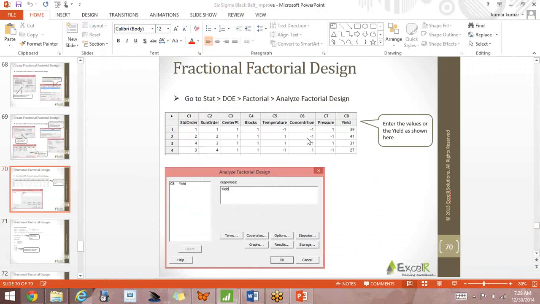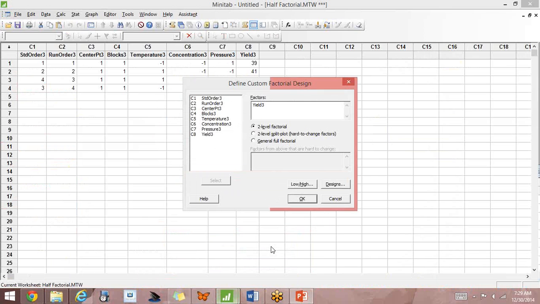Yield is a response variable. So I've done that here. Let me show you, yield.